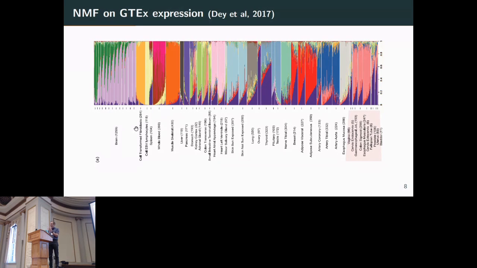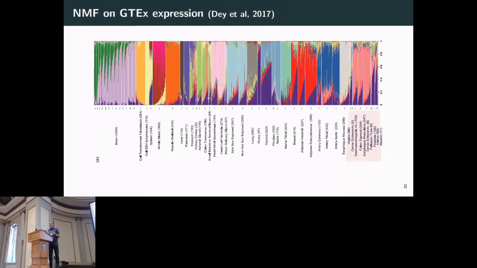It's not really quite clustering. It's assigning each sample partial membership in different, quotes, clusters or topics or whatever you want to call them. Okay, so that's the essence of this representation, is that each sample is being assigned partial membership in these different topics. So how can we try to interpret these topics or components?